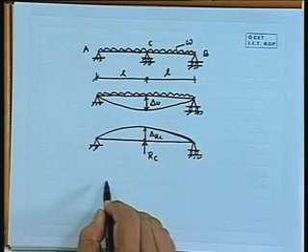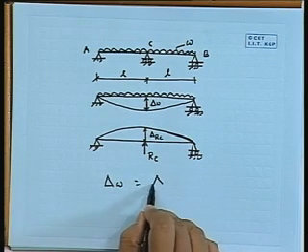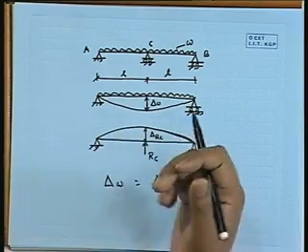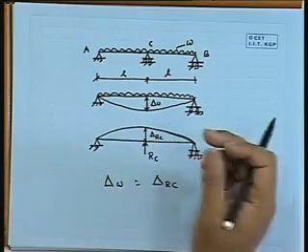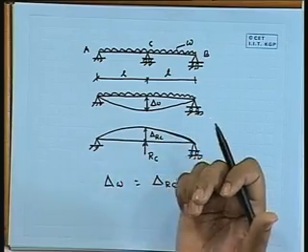So, if we write your delta, this value should be equal and opposite, and that opposite part that we have already drawn here. So, we need not bother about the sign because sign part is reflected through drawing.